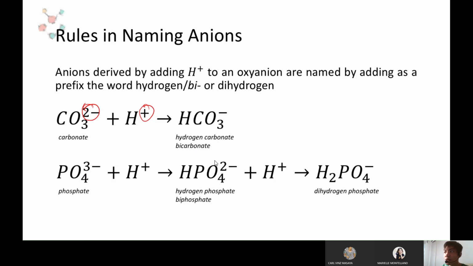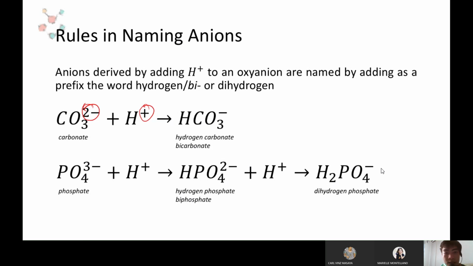Let's see if we can add more hydrogen to this and still end up with an anion. When we add another hydronium ion, the hydrogen joins there, so there are now two hydrogens. What happens to the charge? The negative 2, we add plus 1. So negative 2 plus 1 is negative 1.